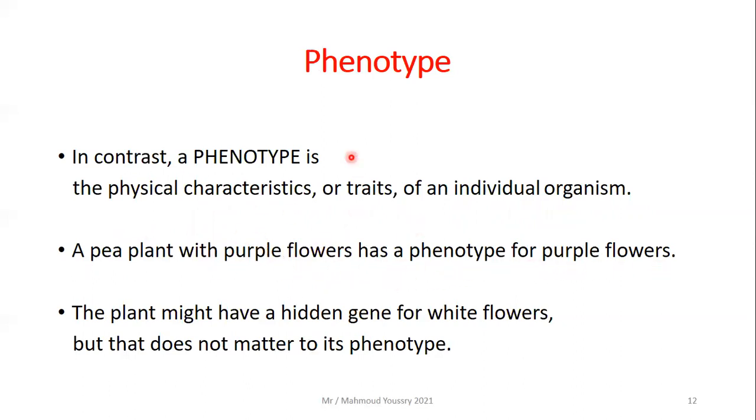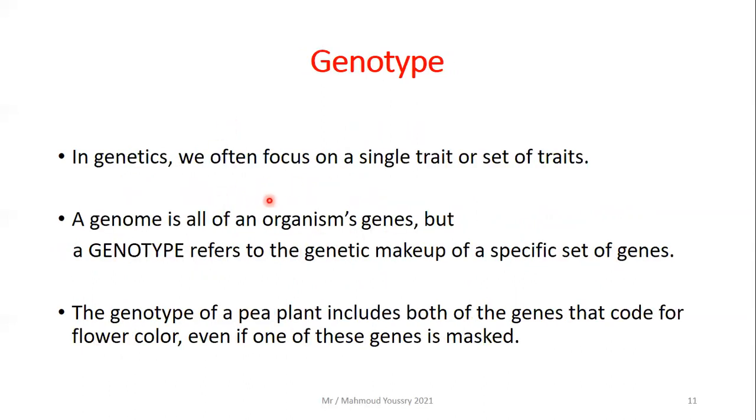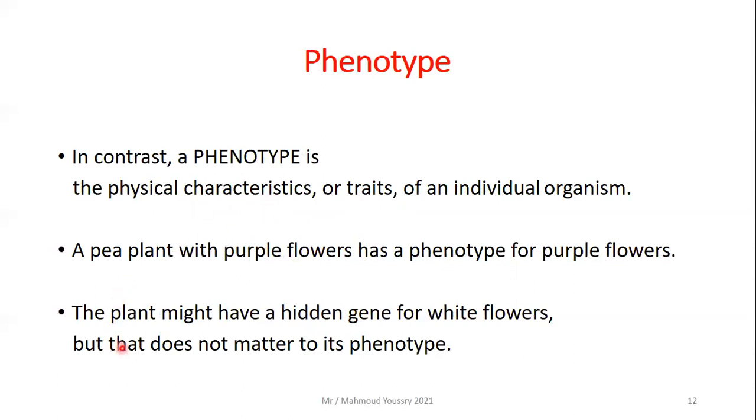So we can think of a phenotype as the physical appearance or the physical characteristics that we can see, but the genotype, these are the genes of the organism. The pea plant might have a hidden gene for white flowers. This would be seen in the genotype, but that doesn't matter in its phenotype.